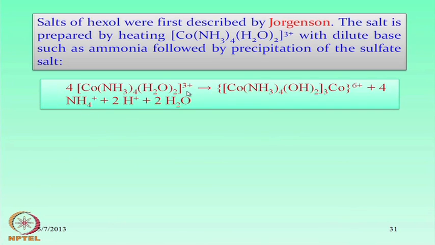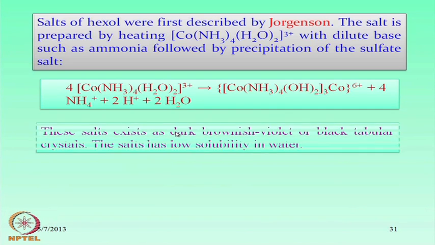So, the reaction is very simple: 4 molecules of this react, giving a tetranuclear compound, which is a big molecule basically, and which has 6 positive charges, with the liberation of 4 molecules of these amine ligands as ammonium ion, 2 of them as protons, and 2 water molecules.